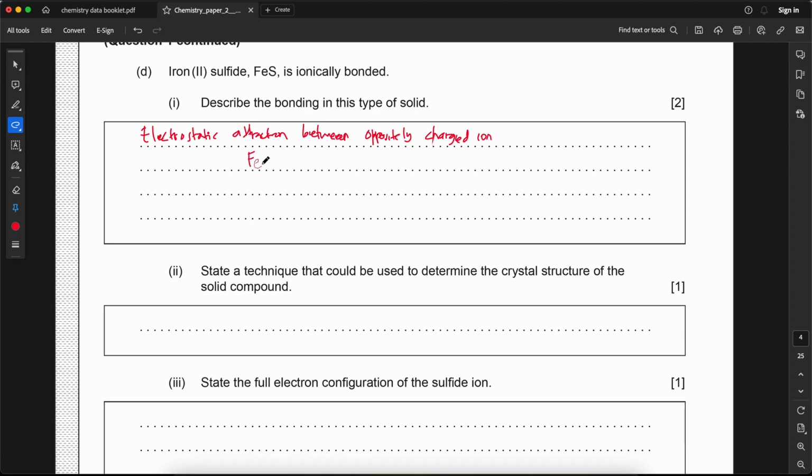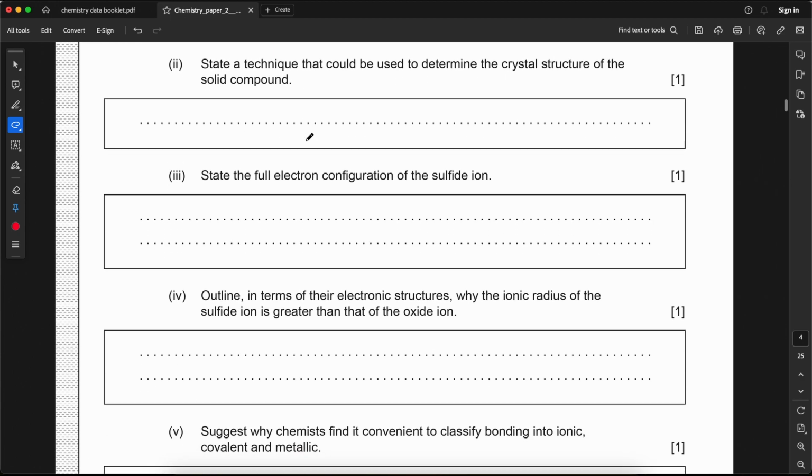It's between Fe2+ and S2-. Metal versus non-metal. State a technique that could be used to determine the crystal structure of the solid compound. It's X-ray crystallography. It can also help you to predict the bond length and also the bond angle.